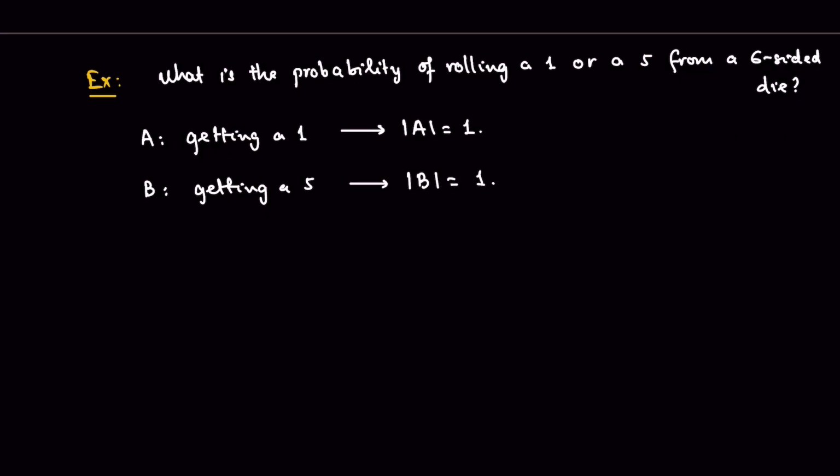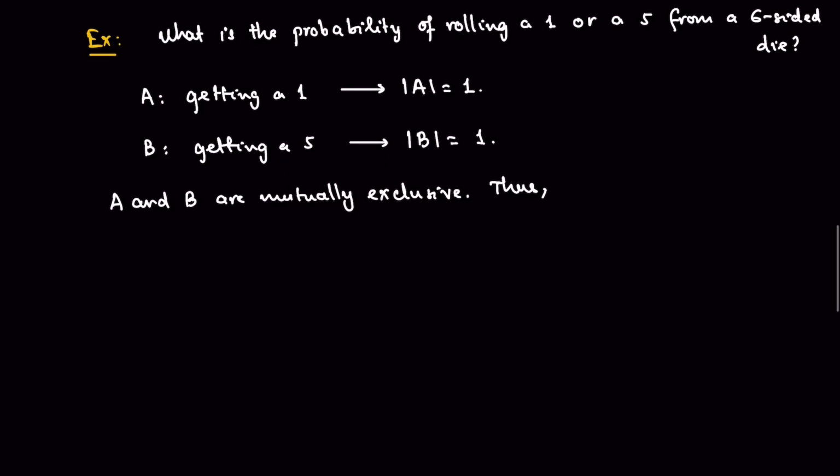And again, the event of getting a 1 has nothing to do with the event of getting a 5, so A and B are mutually exclusive. Thus, when we want to calculate the probability of rolling a 1 or a 5, the probability of A union B is equal to the probability of A plus the probability of B. The probability of A is 1 over 6, and the probability of B is also 1 over 6.